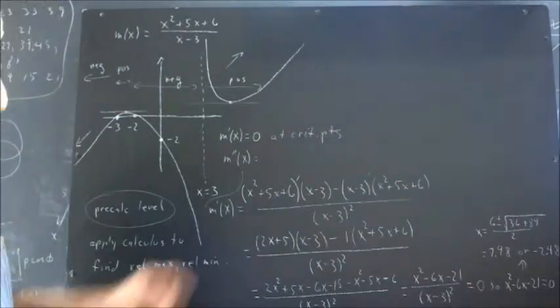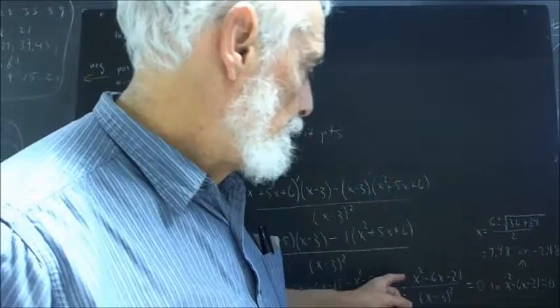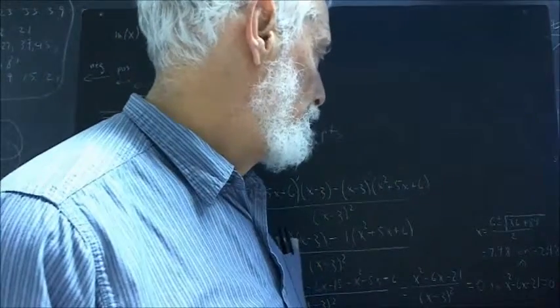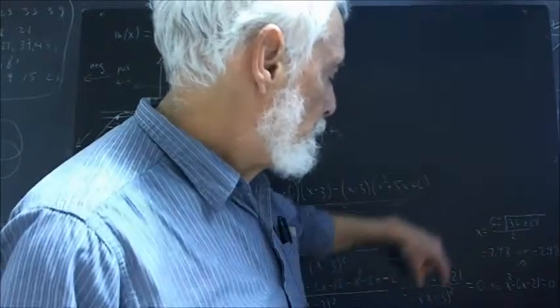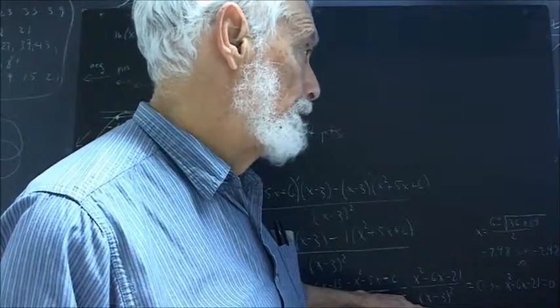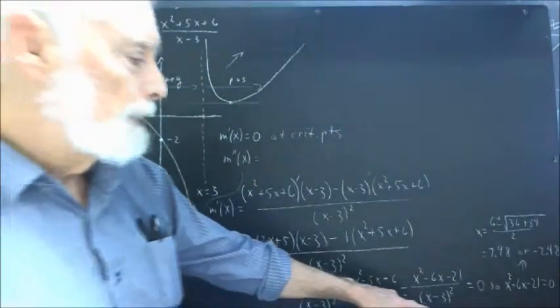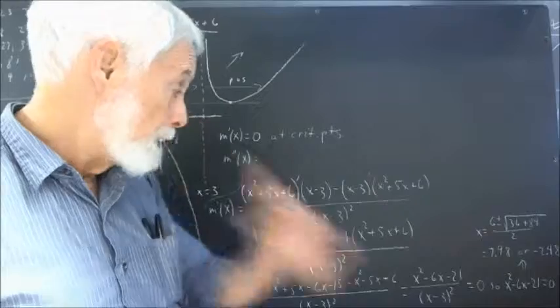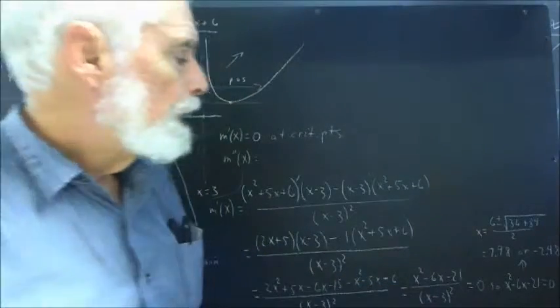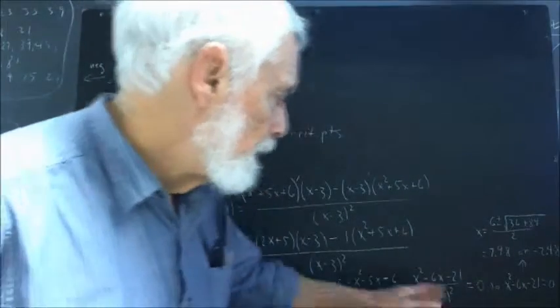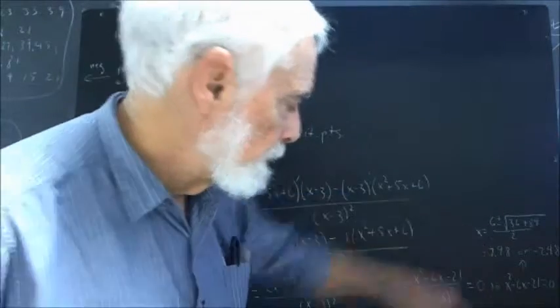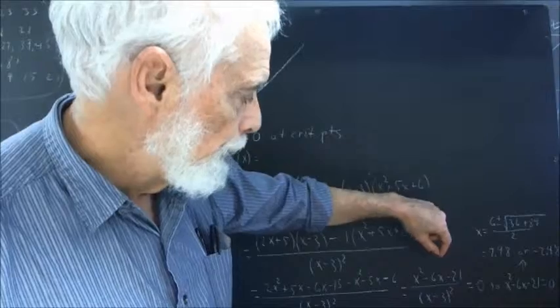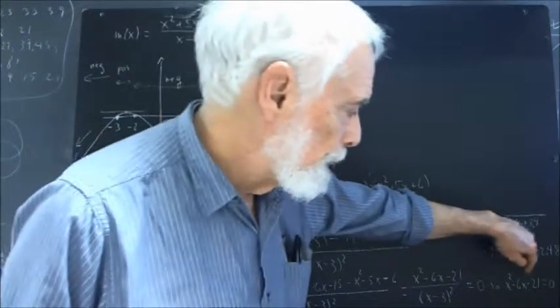That has to equal 0 to get a critical point. The only way that's going to be 0 is if the numerator is 0, and of course the denominator can't be. Formally, we multiply both sides by the denominator with the caveat that the denominator cannot be 0, so x cannot equal 3, but none of our solutions to this numerator equal to 0 give us 3. So we're safe. So we get then x squared minus 6x minus 21 equals 0.